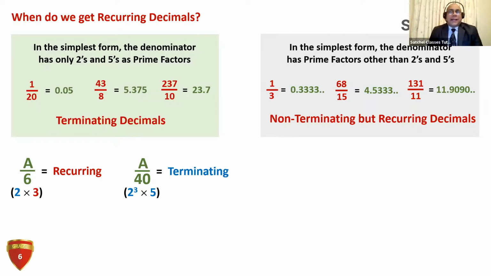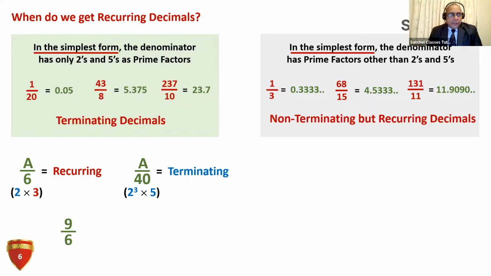However, it's not as simple as it looks. Remember, the definition clearly states in its simplest form. Now that is the key. For example, 9 over 6. You may believe that because 6 consists of 2 and 3, because of the 3, it will end up being a recurring decimal, right? However, 9 over 6 is a fraction which is not in its simplest form.